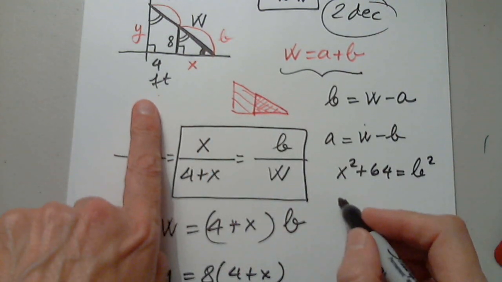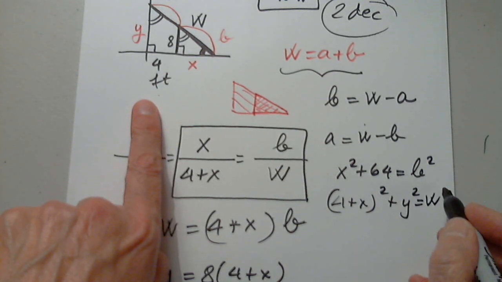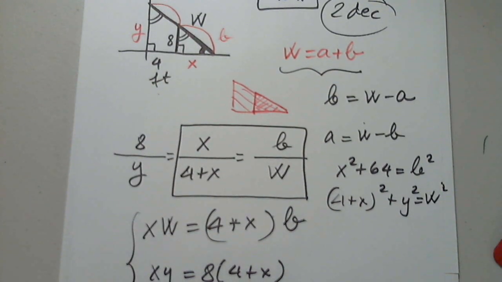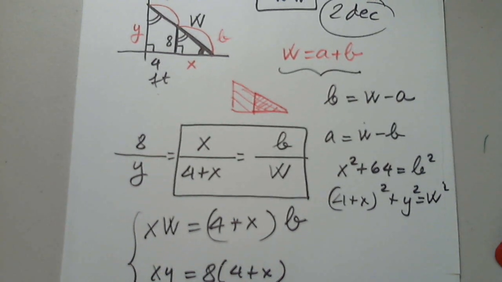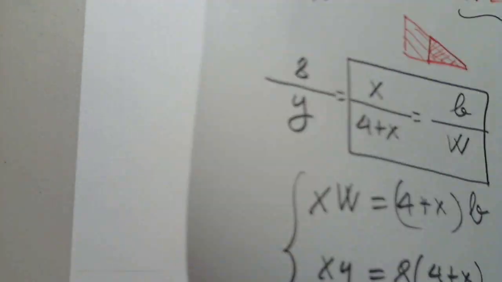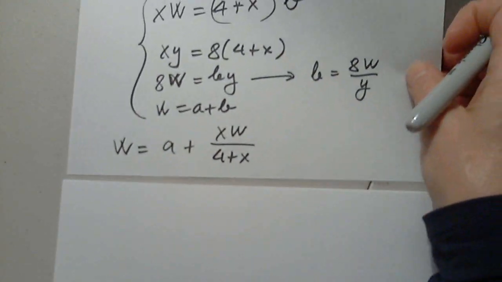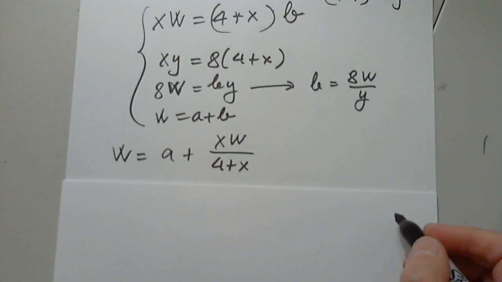From the big triangle, I have to write 4 plus x squared plus y squared equals w squared. I have no choice. I need more equations. What I have is not enough. So I had to apply Pythagorean theorem in the small and the big triangle.